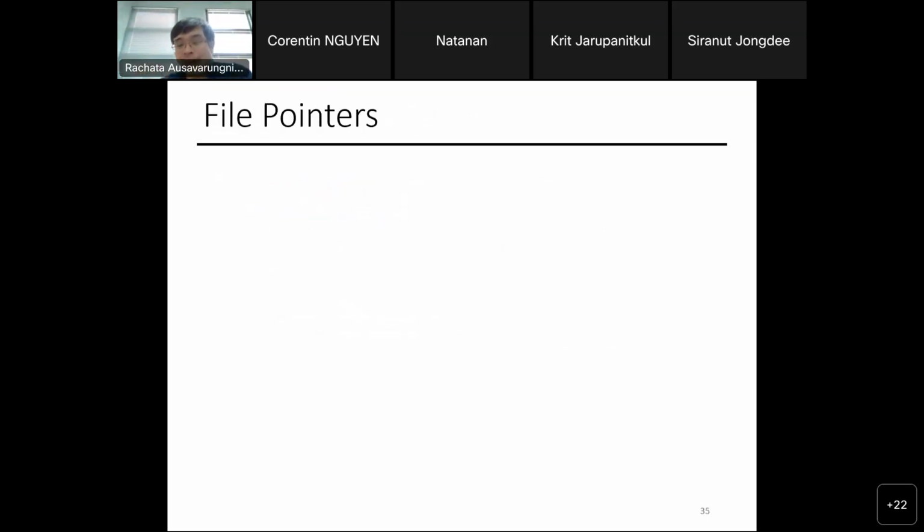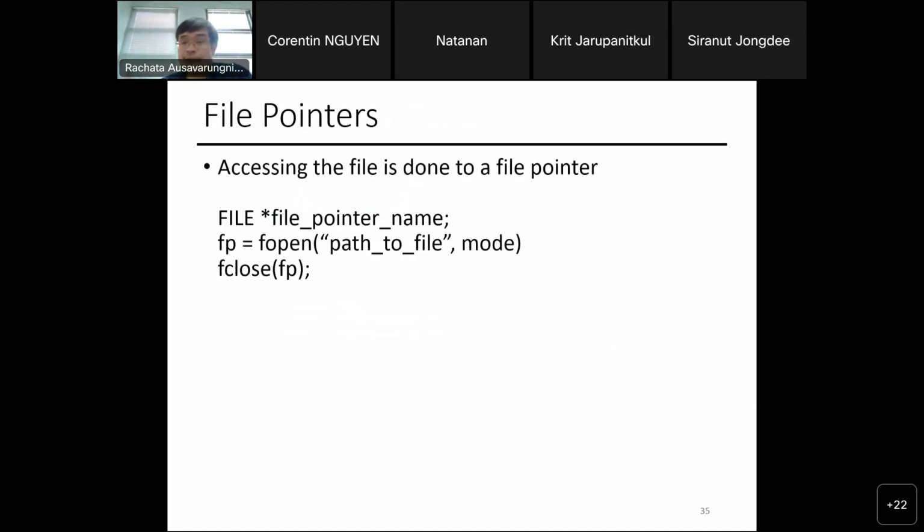Now, because assignment 3 would ask you to also handle a file as an input, we can use the file pointer for that. The way it works is, let's say I can do FILE, right? This is a data type. FILE is a file pointer data type. So I can do FILE star fp. I can just name my pointer whatever name I want, right?